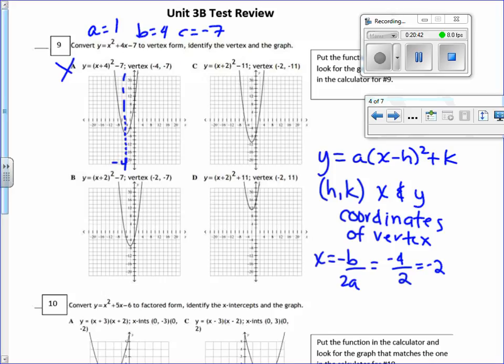So I can see clearly that it's not D. Alright, do you guys agree that it's not D? Alright, so now it's between C and B. Well, I don't think it's B because what is that, -7? And this is down more than 7.